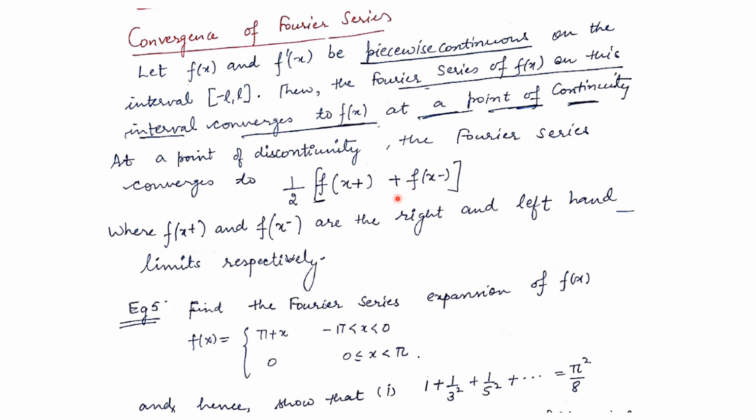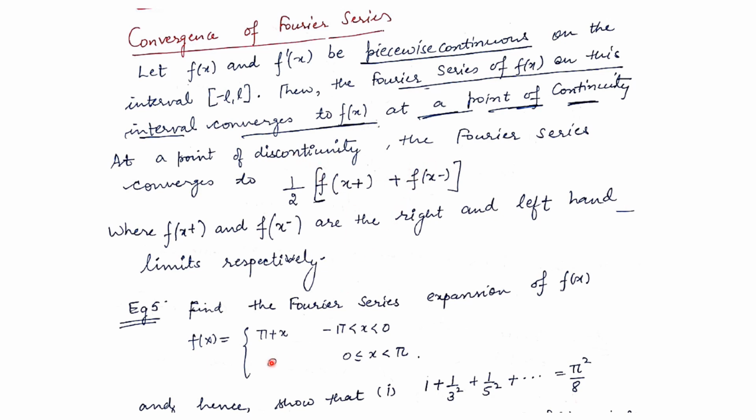So once again, at a point of continuity our series converges to the same f(x), and at a point of discontinuity our series converges to the mean value of the right and left limits of the function at that point.